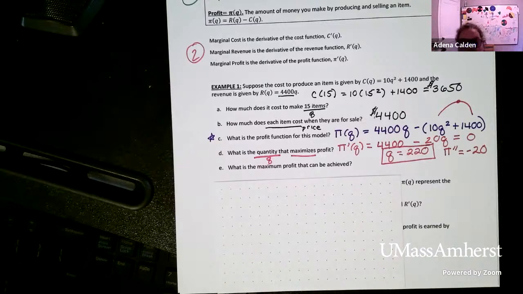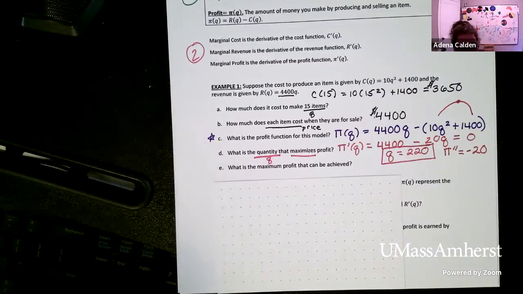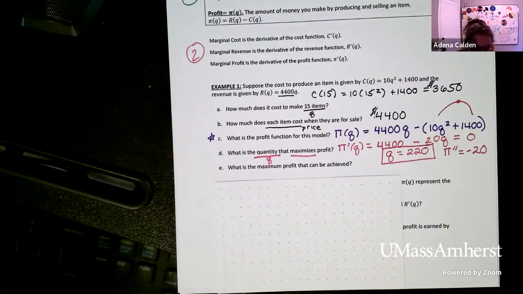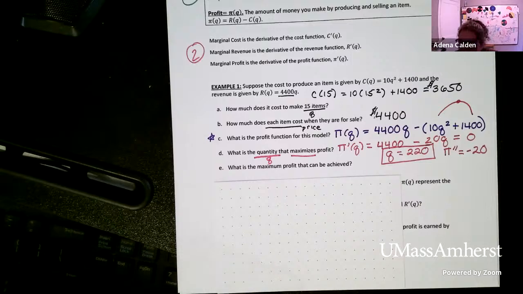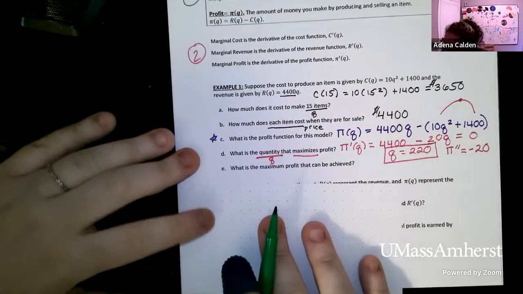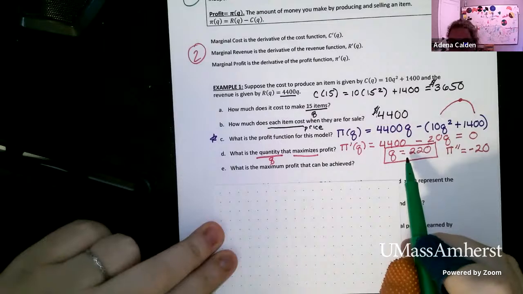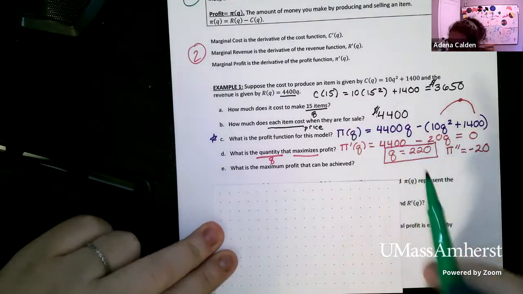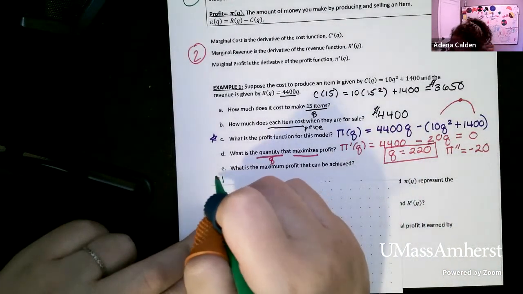Part E says, what is the maximum profit that can be achieved? So we know the quantity that maximizes the profit, but what is the actual amount of money that we're taking in? So to find the corresponding profit, we need to take this quantity and plug it back into our profit function.